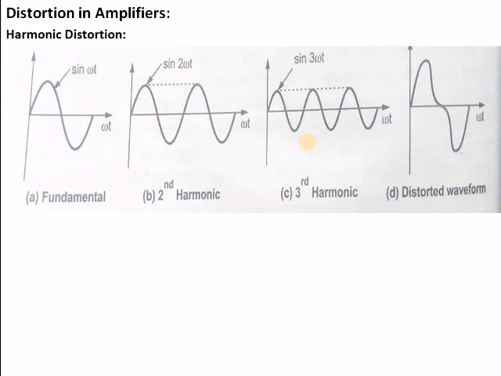Let us move to frequency distortion. If the amplitude or the gain of an amplifier changes with respect to frequency, it is called frequency distortion. But in audio frequency amplifiers, the frequency distortion is not significant.